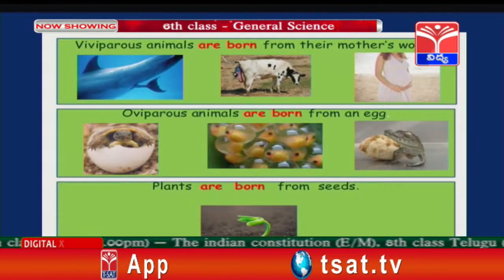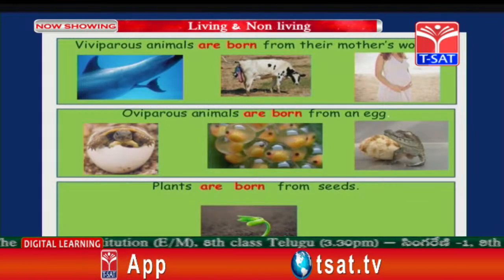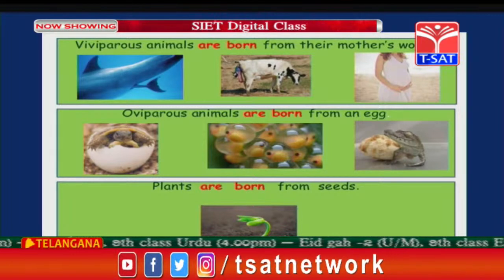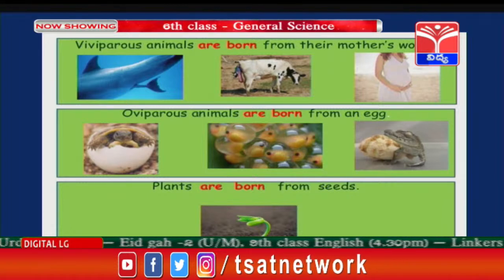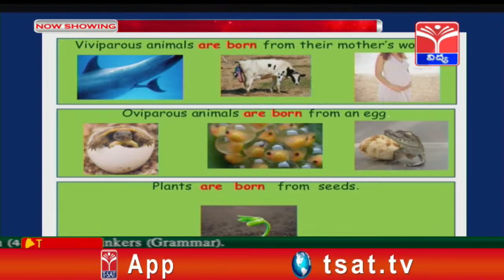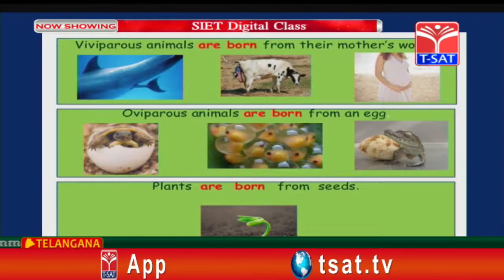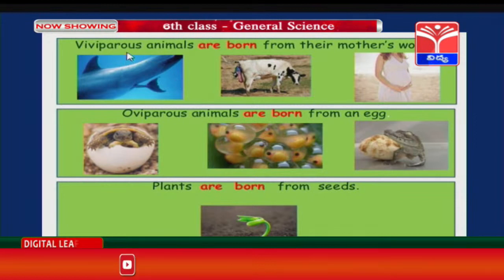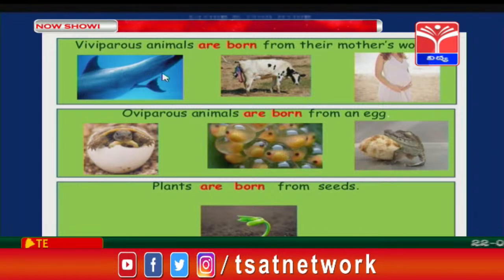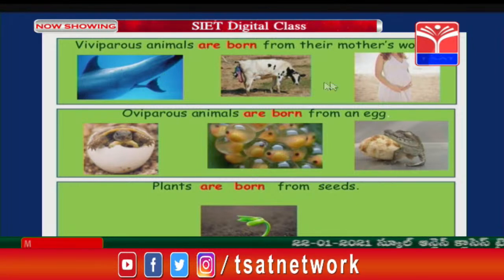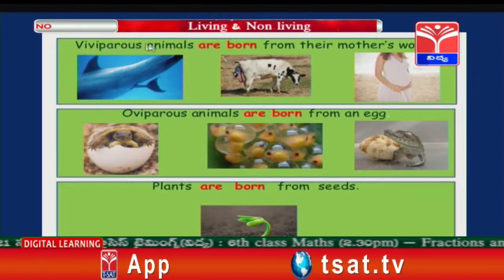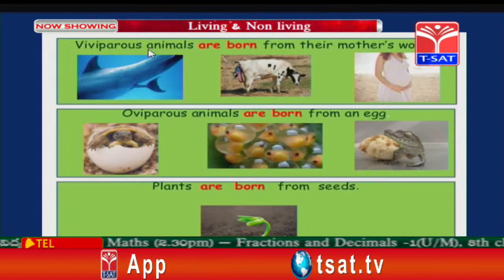See children, depending upon whether the animals lay eggs or give birth to babies, they have been classified into two types. Some of the animals give birth to babies directly, they won't lay eggs. Those animals which give birth to babies directly are called viviparous animals. Here you can see some types of fish as well as cow, goat, human being, all of them are considered viviparous animals, that is, they give birth to babies directly.